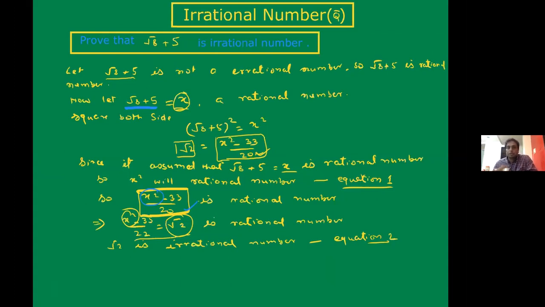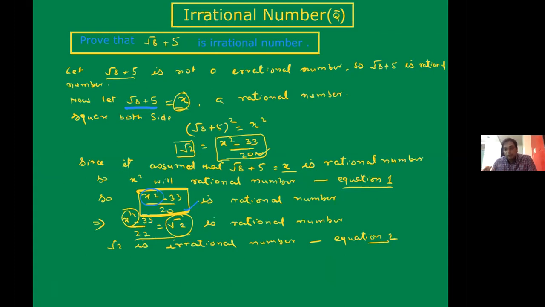First we need to assume this is the rational number. We just square it and try to write our equation in such a way so that on one side we can write in terms of x, and on the other side in terms of √something. On the right side we try to find out: if x is the rational number we have considered, then x minus something by something is also the rational number.